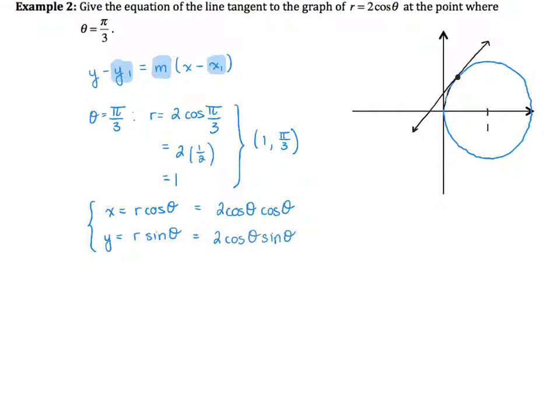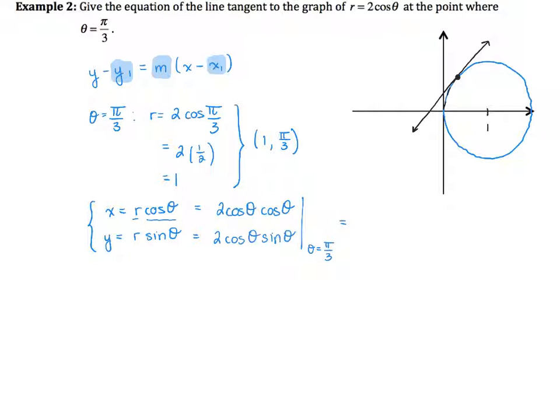Right, but ultimately, we already know the radius, and we can do the cosine of our angle at the point where theta is pi over 3. So both of these are evaluated at the point where theta is equal to pi over 3.